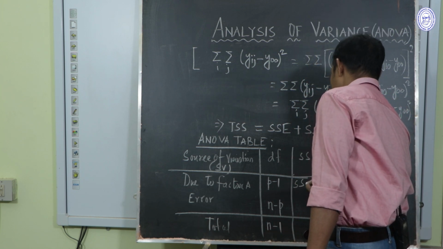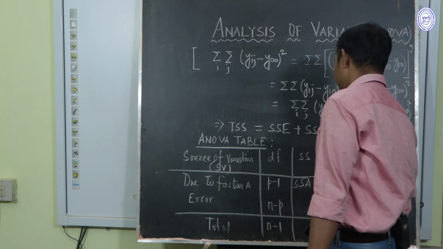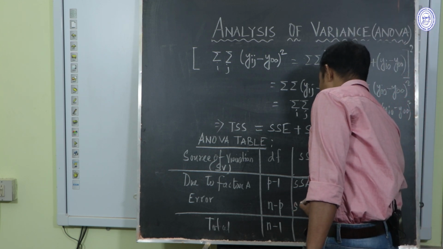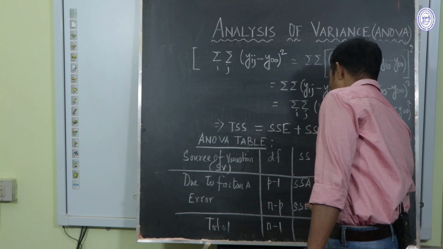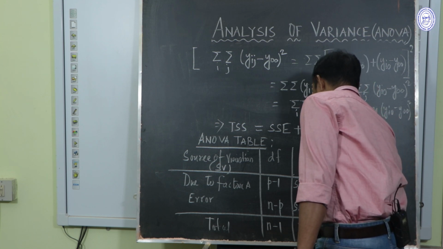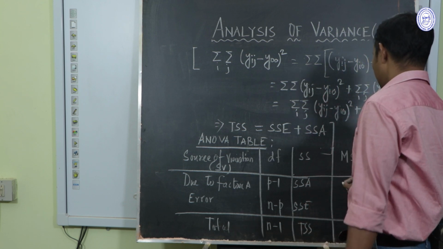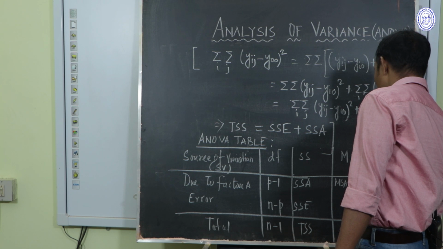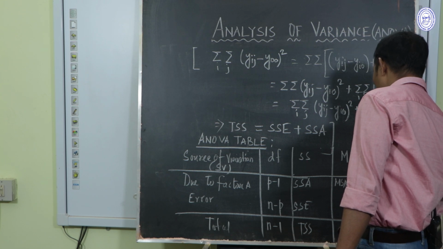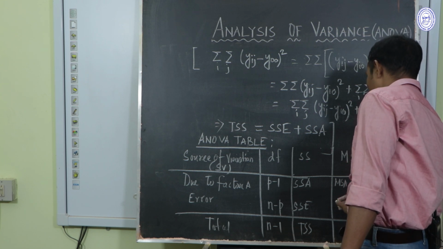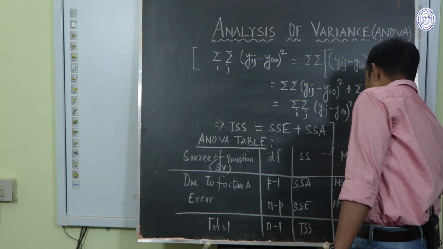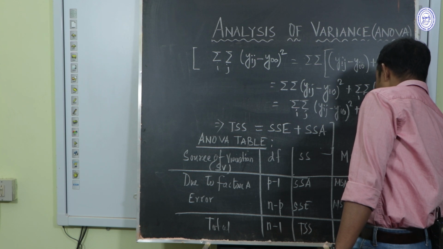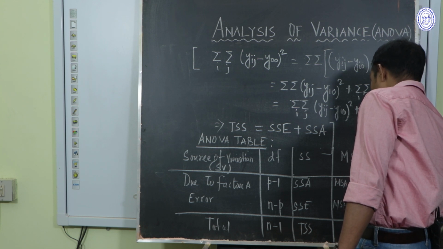Sum of square due to factor A, sum of square due to error, total sum of square. MSA equal to SSA by corresponding degrees of freedom p minus 1, MSE equal to SSE by corresponding degrees of freedom n minus p.